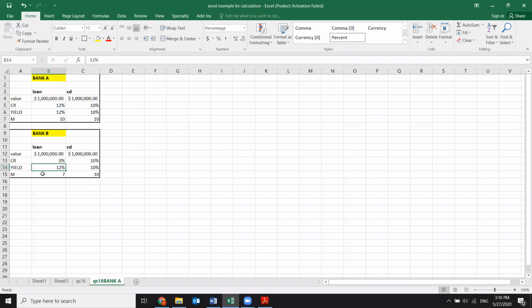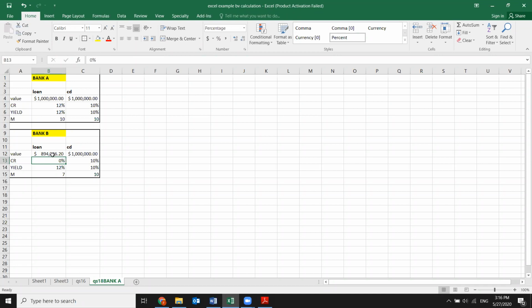When we give a loan, we charge 12%, the same, but for a zero coupon bond there is zero coupon payment, and the value of that bond is 894,000.20.